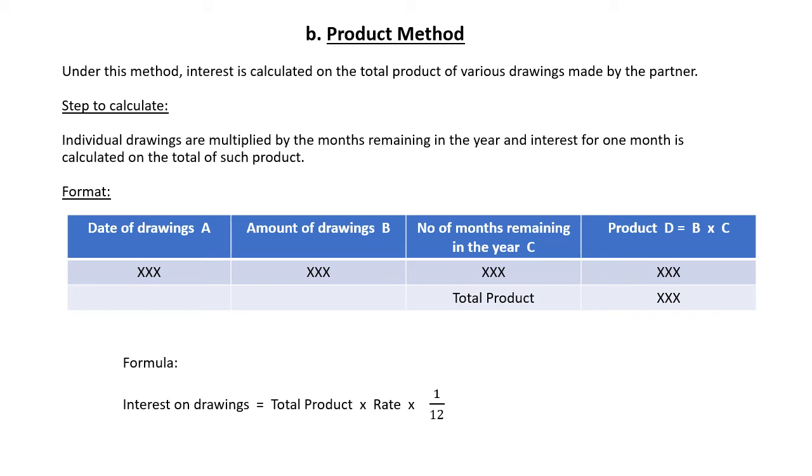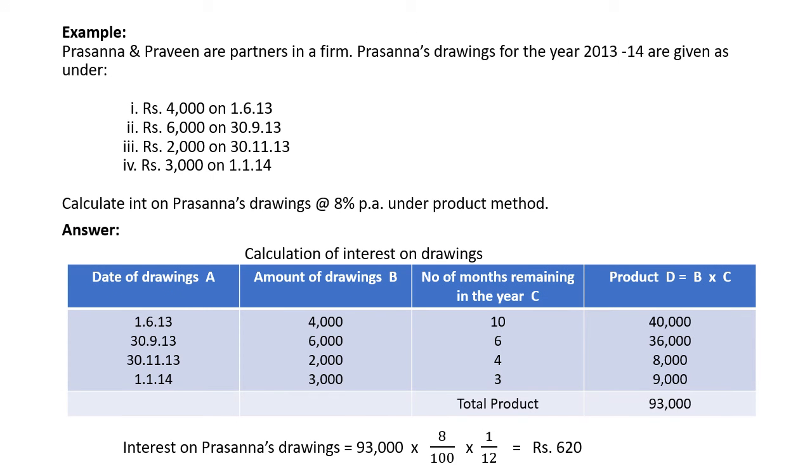Let's go with another problem. Prasanna and Praveen are partners in a firm. Prasanna's drawings for the year 2013 and 14 are given as under. Rs 4,000 on 1st June 2013, Rs 6,000 on 30/9/2013, Rs 2,000 on 30/11/2013 and finally Rs 3,000 on 1/1/14.